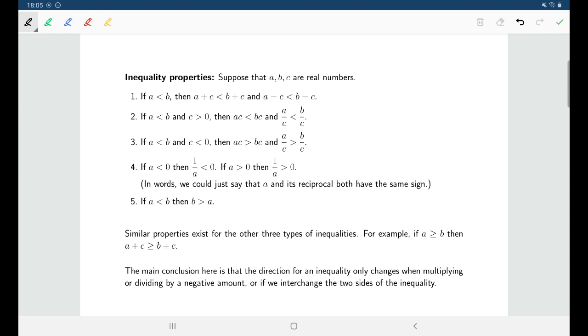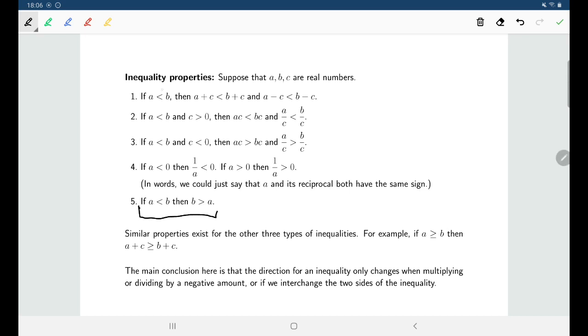Number 5, I'll use this sometimes as we're getting close to writing our final solutions out to an interval problem. Sometimes you may want to switch the order of the numbers. So if you didn't want to write a less than b and you wanted to switch who's on the left side and who's on the right side, that will change the direction of your inequality. That would change it into b greater than a. You have similar sorts of properties here.